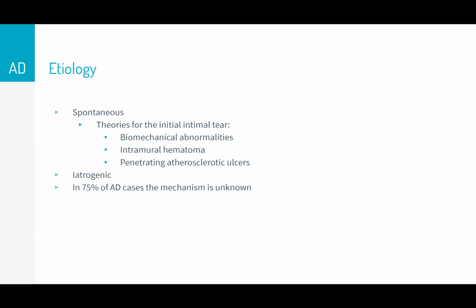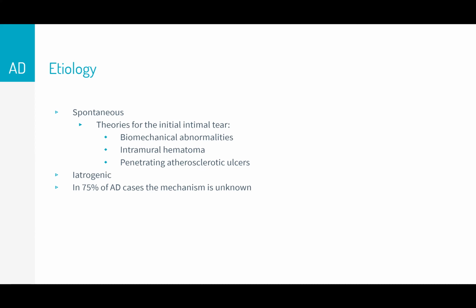Also, the bicuspid aortic valve, due to abnormal flow, they have a higher rate of dissection than the normal population. Also, patients with abnormal aortic tissue, especially patients with Marfan or Ehlers-Danlos, patients who have cystic medial necrosis, because this also affects the aortic tissue.